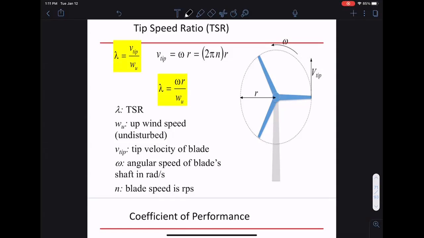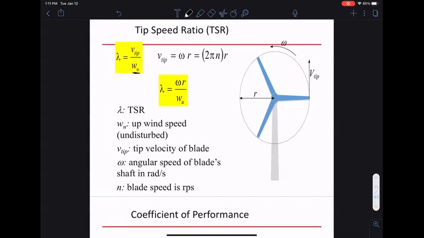And for this ratio, we don't want to talk about the absolute speed of a blade, we always want to reference it to the upwind speed. This is basically the speed of wind coming at me. Then I have this blade spinning around, so I want to figure out what this ratio is that characterizes how fast my blade is going.